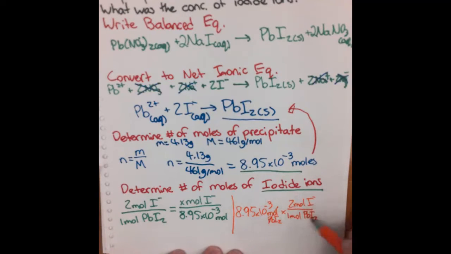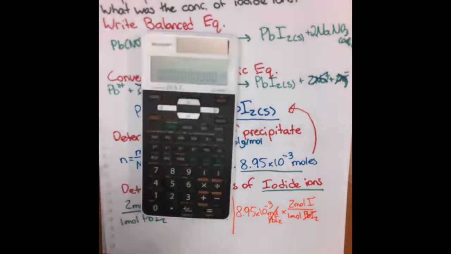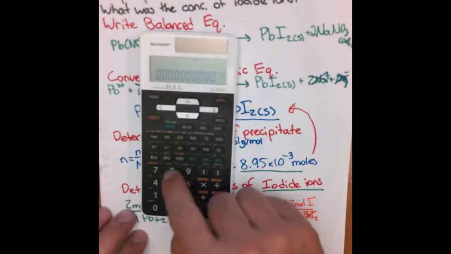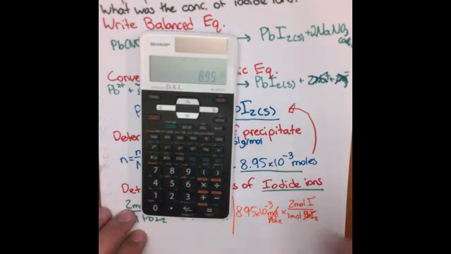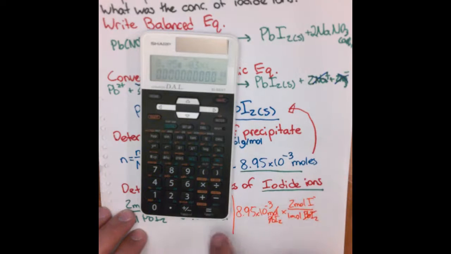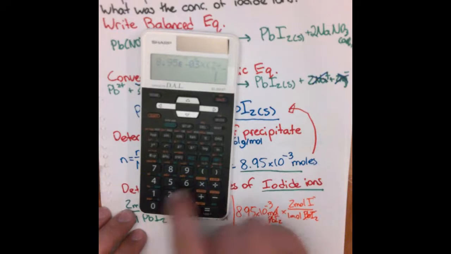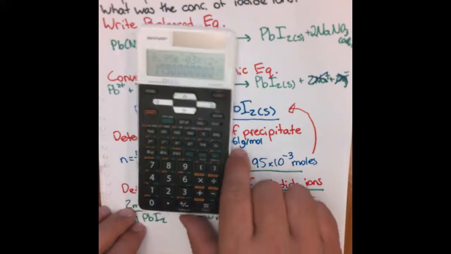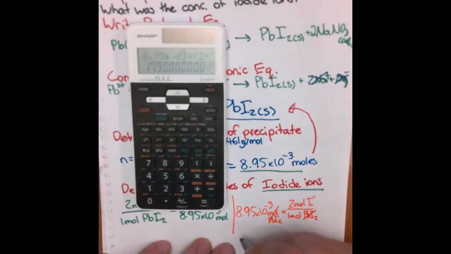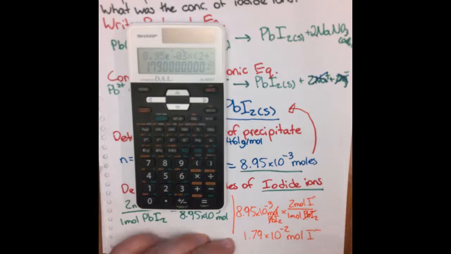Our moles of PbI2 are going to cancel, so we're only going to be left with moles of iodine. So if I take my calculator, I'm just going to take 8.95 times 10 to the negative 3, and multiply that by, in brackets, 2 divided by 1, which is going to give me 1.79 times 10 to the negative 2 moles of I minus.